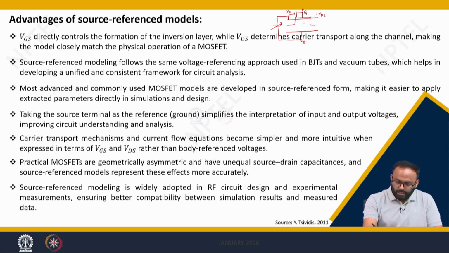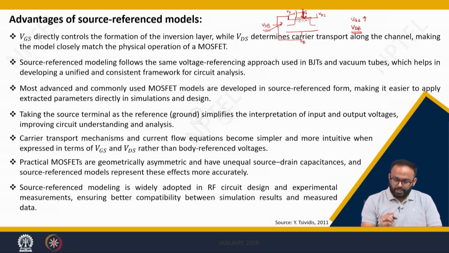Then the effect in the channel will appear in terms of threshold voltage, however the impact will not be so high. However, if you keep VSB fixed and change VGS, then the impact in the channel, causing inversion and depletion, will be high. Thus the impact of VGS is higher compared to the impact of VSB.